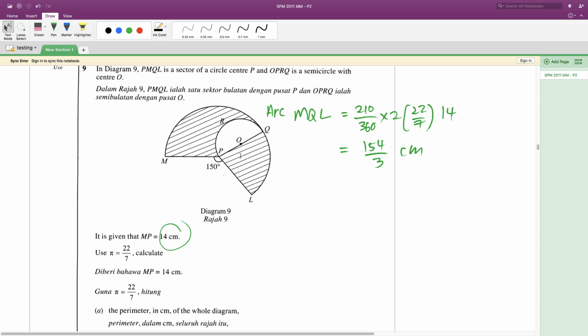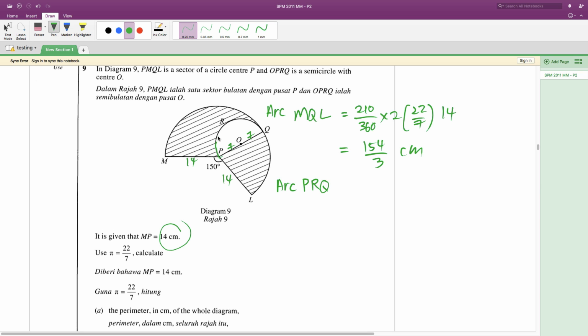Then what I do next is, I know MP is 14, and this one is 14 also. For this small semicircle here, the radius is 7, because the whole thing is double 7. PQ is 14, so I just divide by 2, and I get 7. Now I want to find the arc length of PRQ.